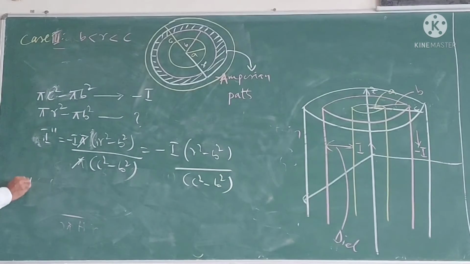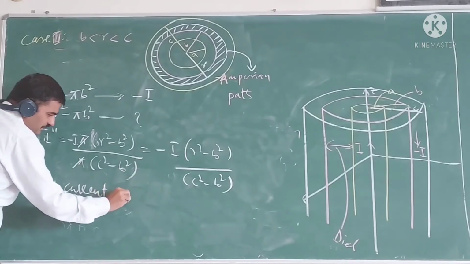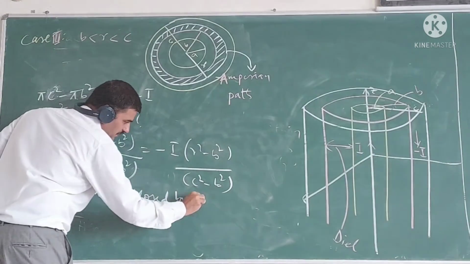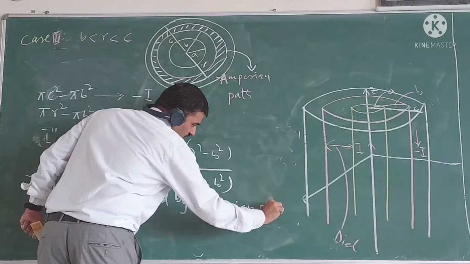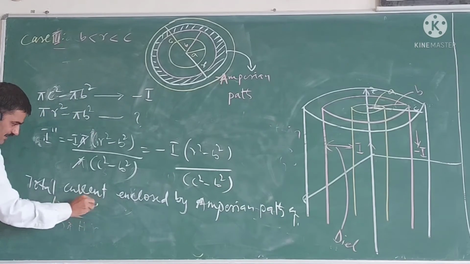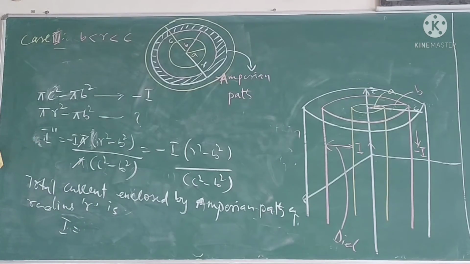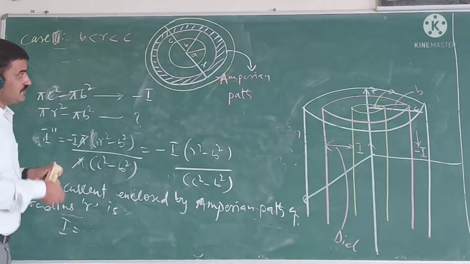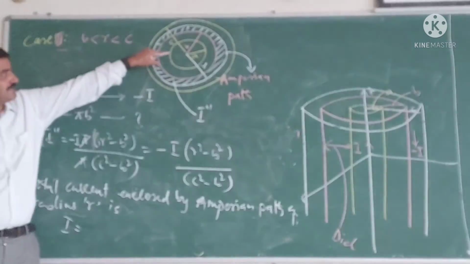Okay. Then the total current enclosed by the Amperian path of radius R is what? Tell me the total current here. I call this current I double dash, and what about this current?